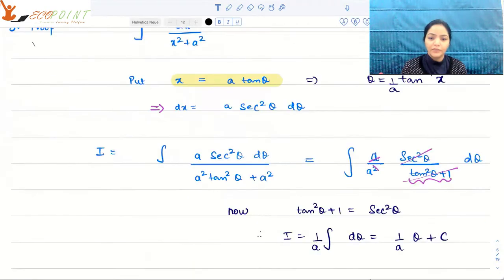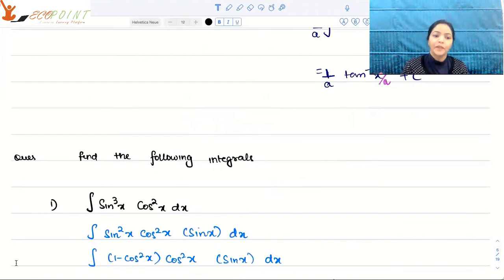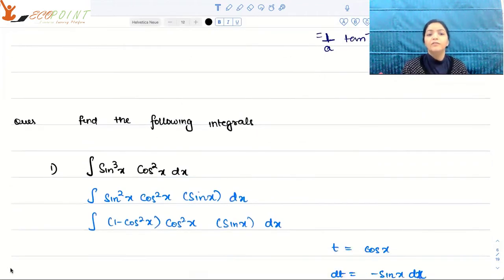Okay, let's see what we have in store now. Let's find the following integrals. First one, sine cube x into cos square x dx. You'll have to think of some substitution.